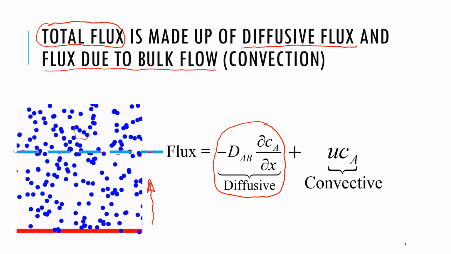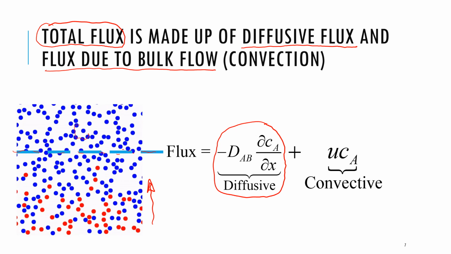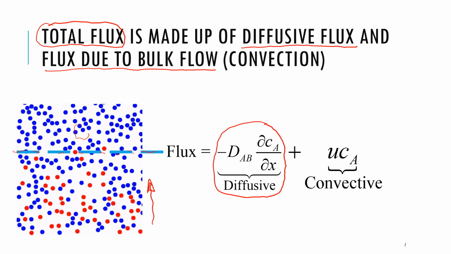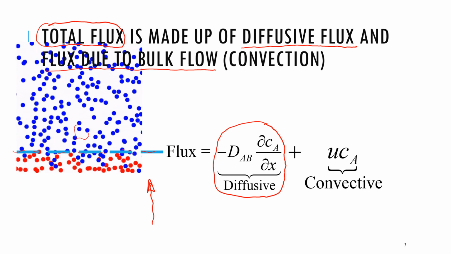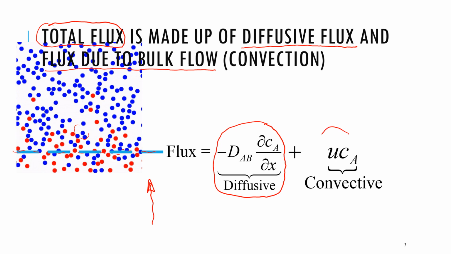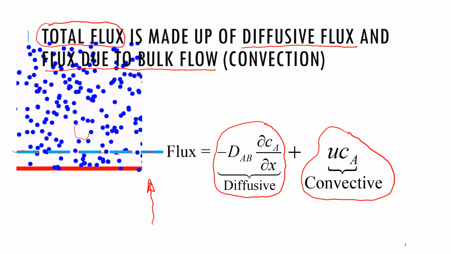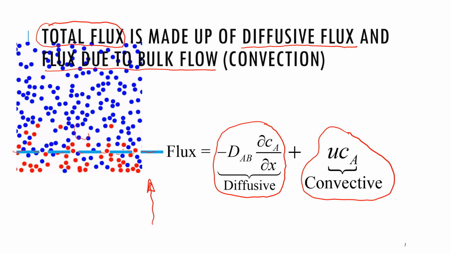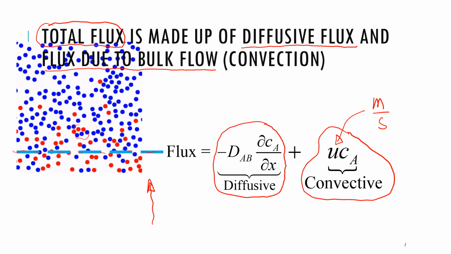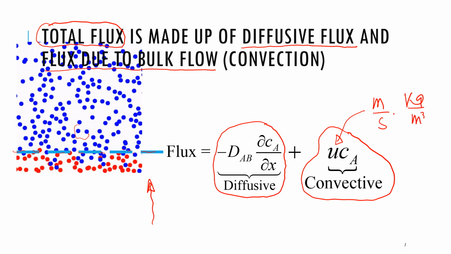The other kind of flux is due to bulk flow, and that's on top of the diffusive flux, like this. So the diffusive flux did not stop, but on top of that we have this convective flux. So in this case, the convective flux is simply the velocity times how much is there. So kilograms per meter cubed.